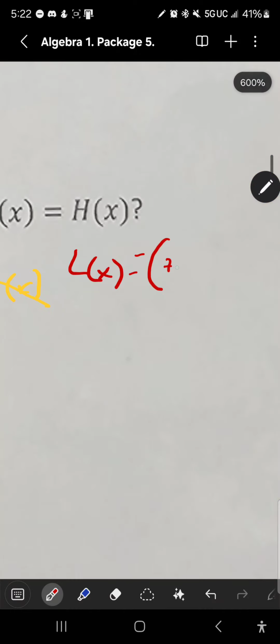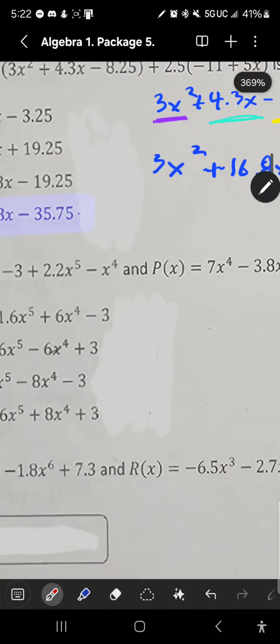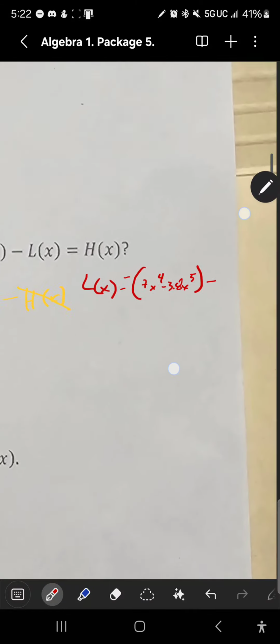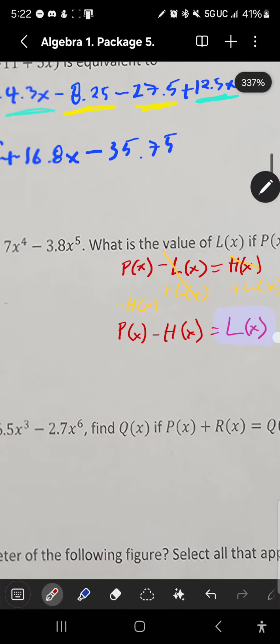So this is p(x), and now I'm going to do h(x), which is -3 plus 2.2x to the 5 minus x to the 4.